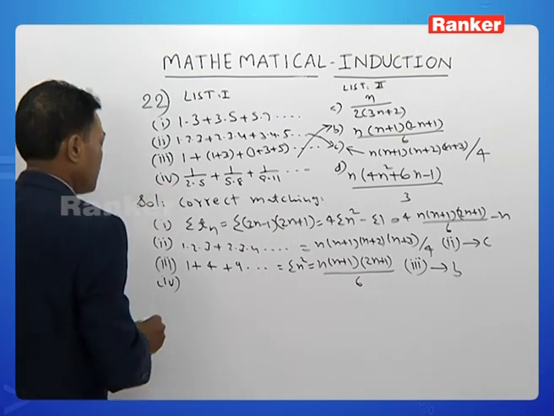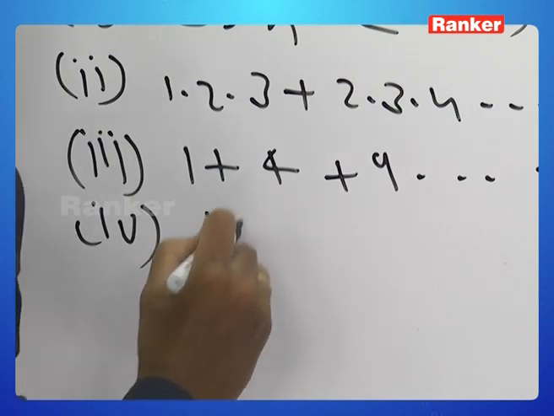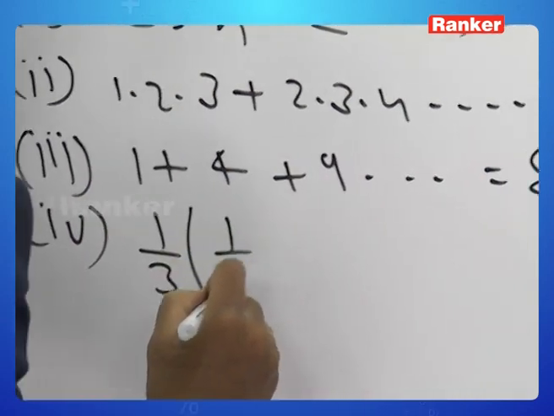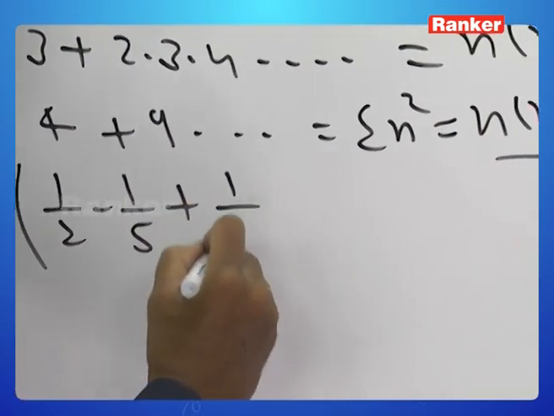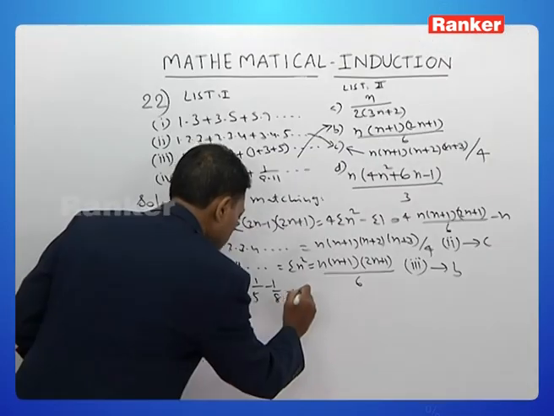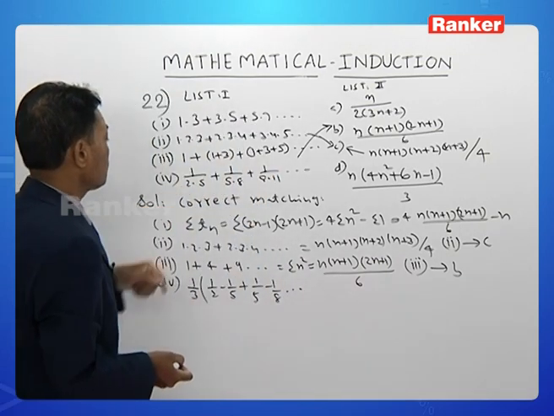1 by 2 into 5. The difference is 3. So, 1 by 3 times (1 by 2 minus 1 by 5), and this is 1 by 5 minus 1 by 8, and so on. So, what is the nth term here? 2, 5, 8.